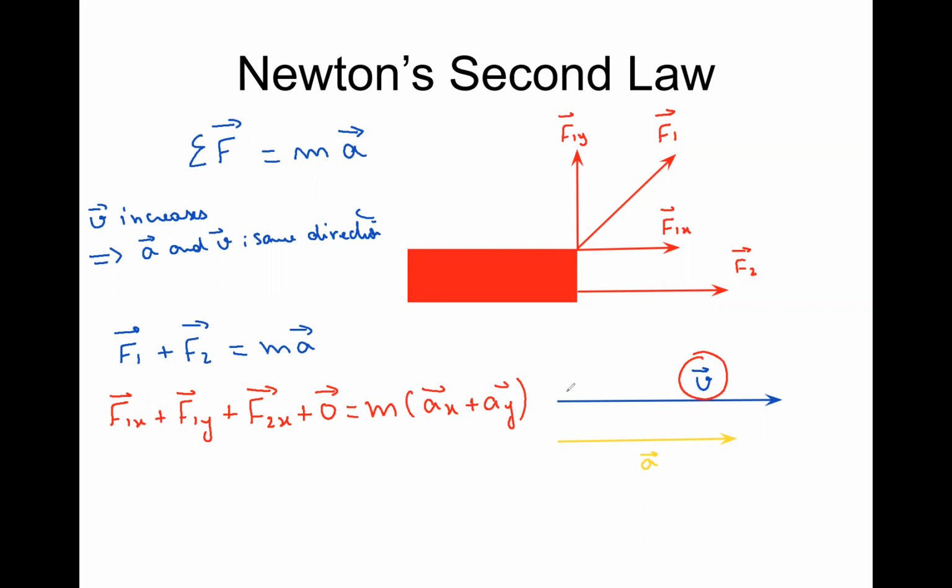In this case, as you see, A has only an X component. We don't have a Y component, so we can cancel AY. We can write this equation in function of I and J. In this case, I is in this direction, in the line of motion, and J like this.